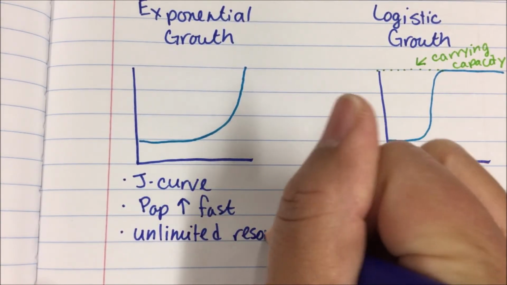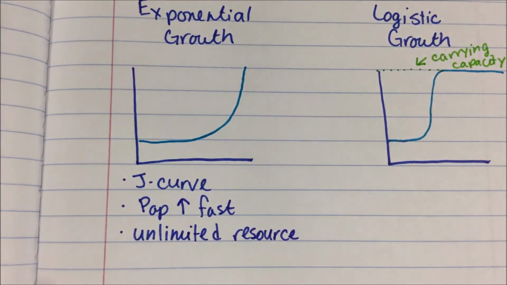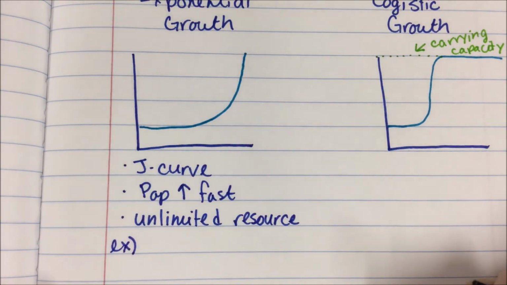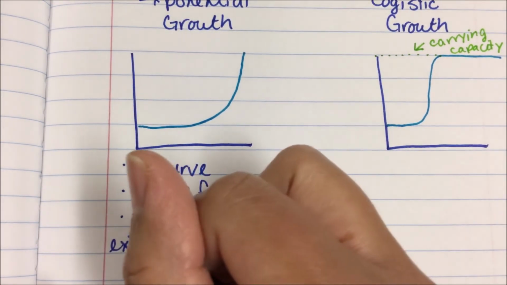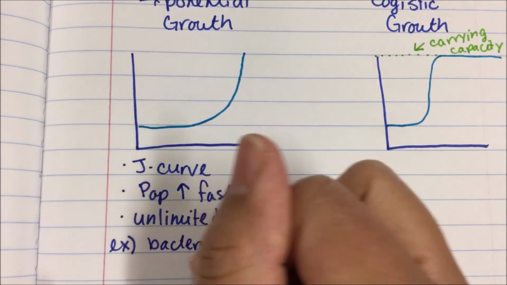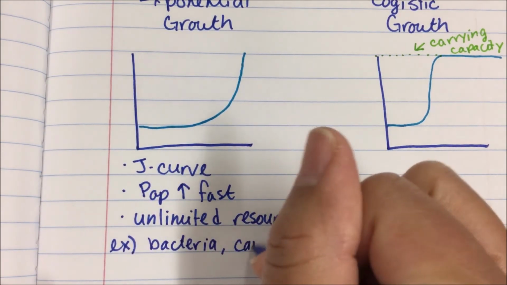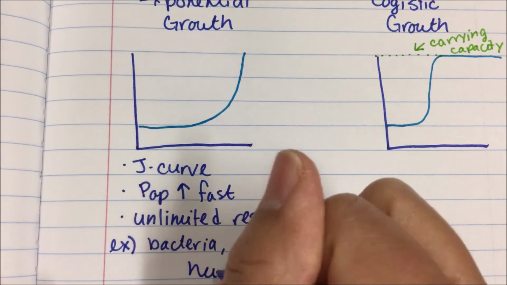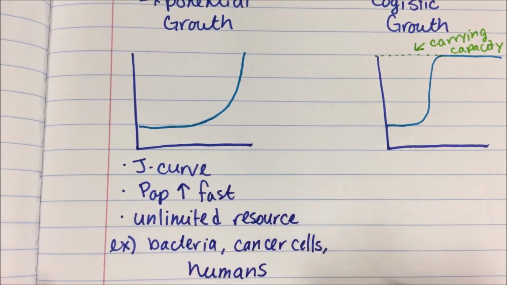There's no competition for shelter, food, water, things like that. Some examples of populations that grow exponentially are bacteria, cancer cells, and actually us. We are currently growing at an exponential rate.